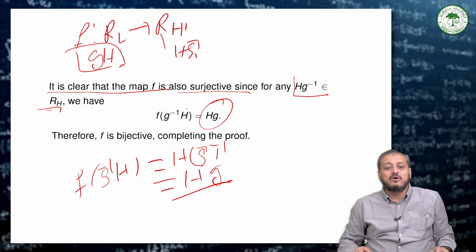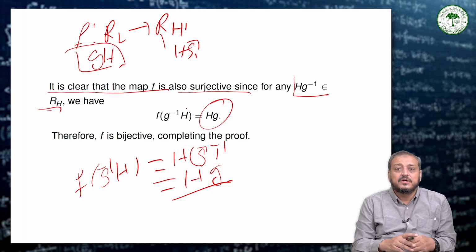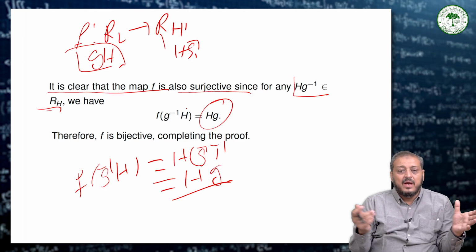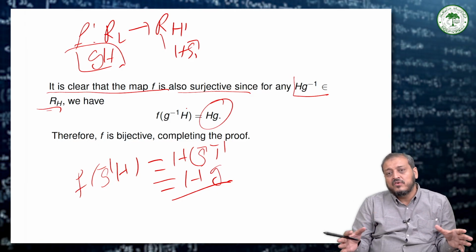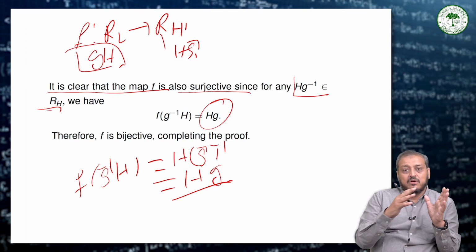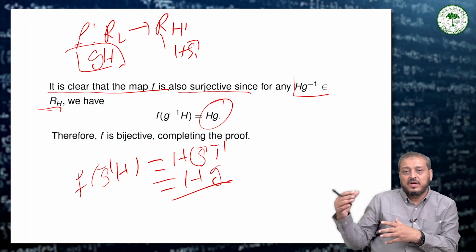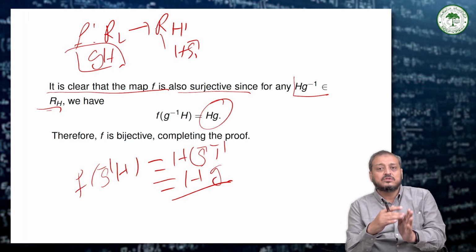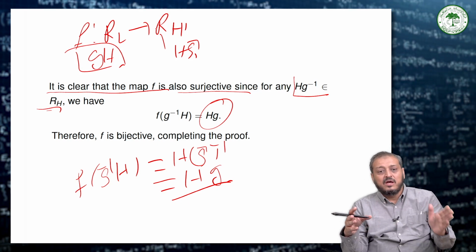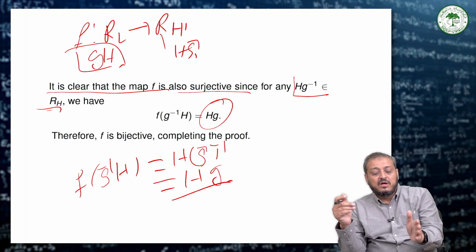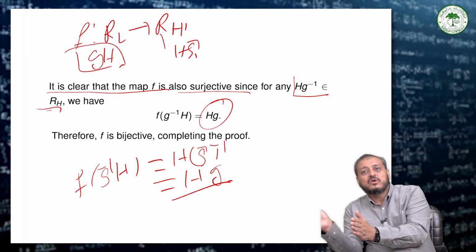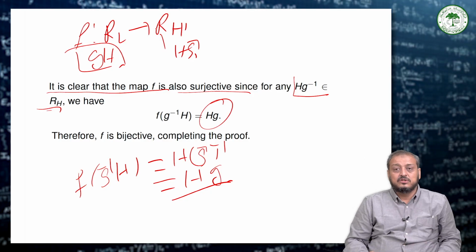So f is clearly surjective, and so the map defined from the left cosets to the right cosets is bijective. This means the number of left cosets and the number of right cosets are the same. So we can simply say that the left coset and the right coset have the same number of elements. We prove it this way.